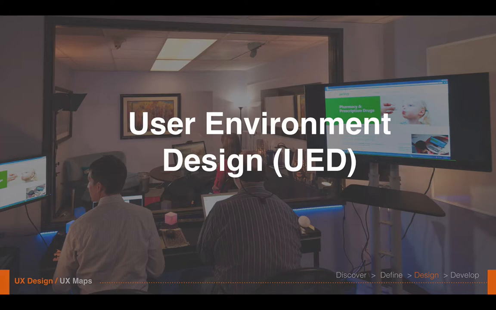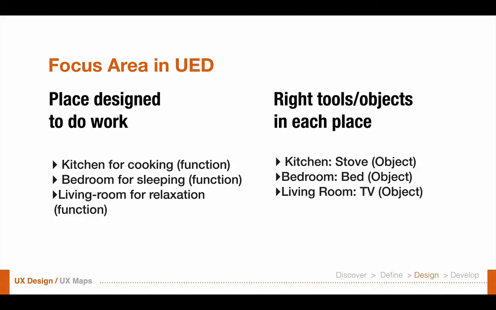User environment design is actually a formal design process developed by the authors of the book Contextual Design, Hugh Beyer and Karen Holtzblatt. They have their formal process, which involves what we call a focus area. Within the focus area, there is usually a place that's designed to do work.